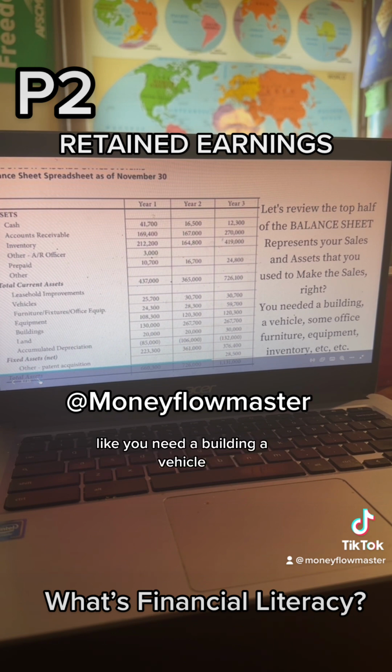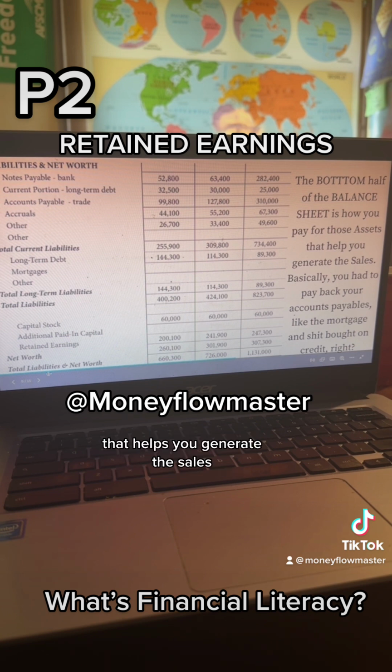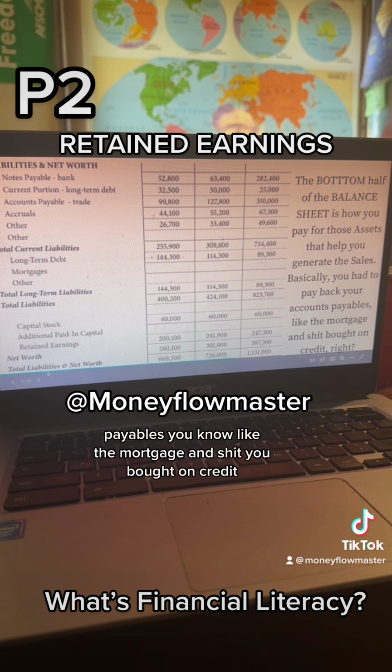Like you need a building, a vehicle, some office furniture, equipment, inventory, etc. The bottom half of the balance sheet is how you pay for those assets that helped you generate the sales. Basically, you had to pay back your accounts payables, like the mortgage and things you bought on credit, right?